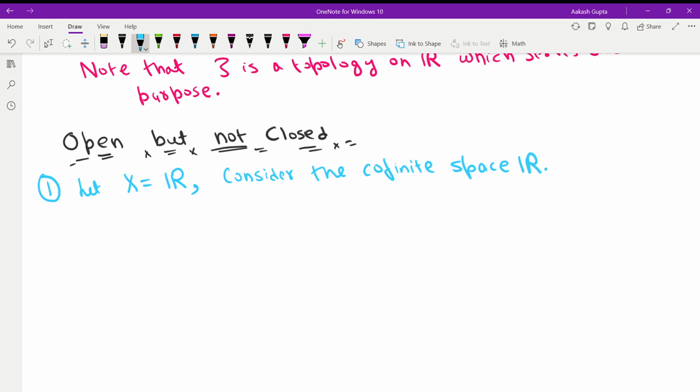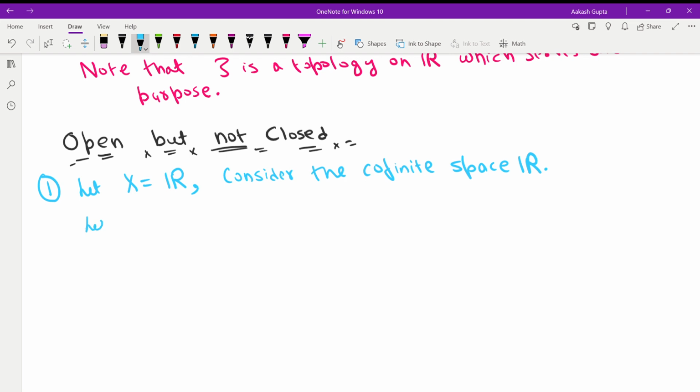What I mean by this is, I am considering R along with the cofinite topology. Please recall that the cofinite topology is a topology which has the empty set and all sets whose complement is finite. So those are the open sets, right?